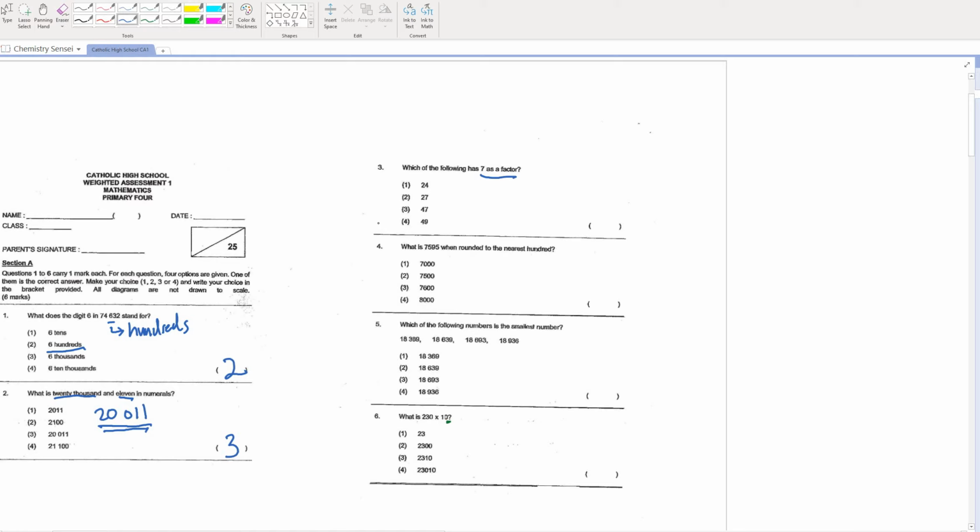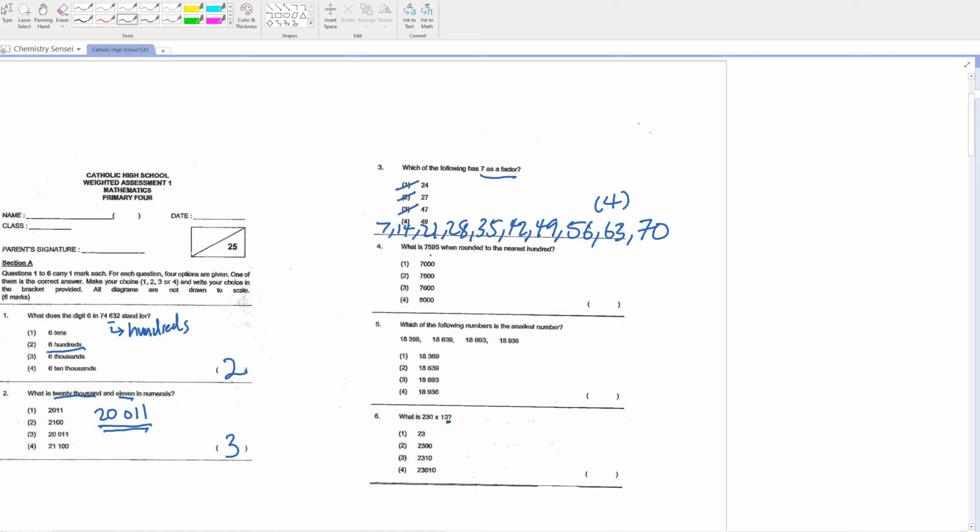Alright, so let us list down the multiples of 7. 7, 14, 21, 28, 35, 42, 49, 56, 63, and 70. Okay, so by looking at the multiples of 7, 24 is not the answer, so is 27 and 47. The correct answer is number 4.